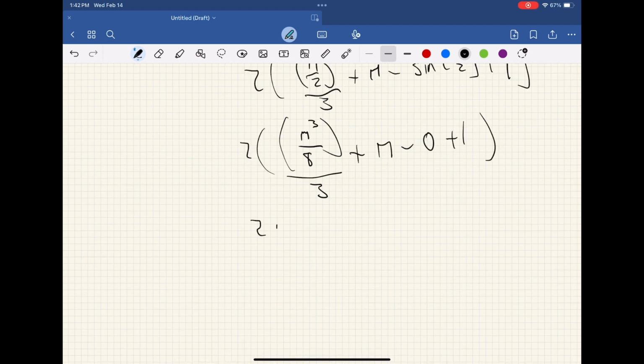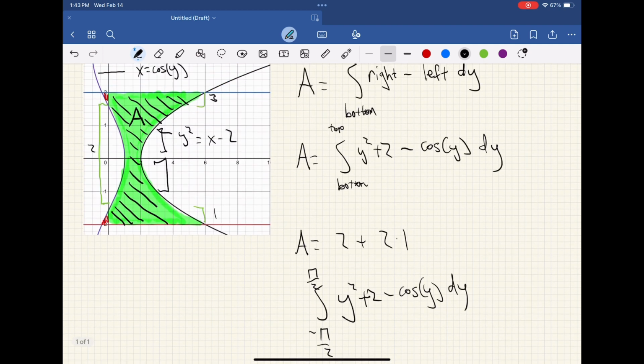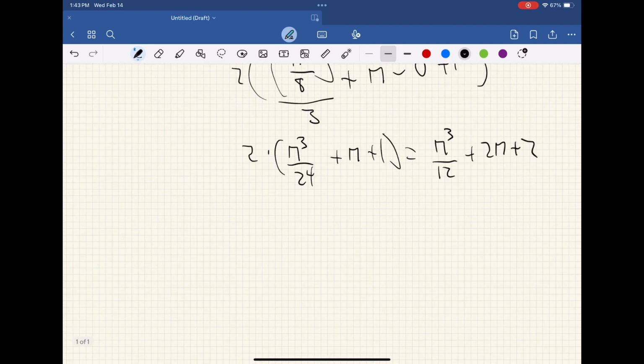So here we have 2 times pi cubed over 24 plus pi plus 1, which is going to be equal to pi cubed over 12 plus 2 pi plus 2. So that is going to be our middle area. So what we called section 2, this part, is this. So I'm going to write S2, section 2.